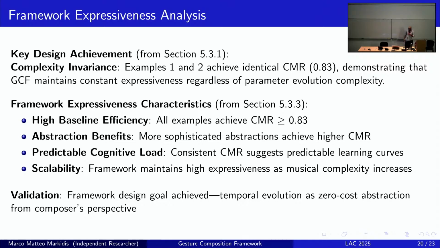I also managed to obtain some key design achievements. Basically, one is to pass from a simple gesture to a complex gesture in a quite easy way, and also to understand that effectively the abstractions are working as I expect. Indeed, when I analyze an example with an abstraction, I have a higher CMR.